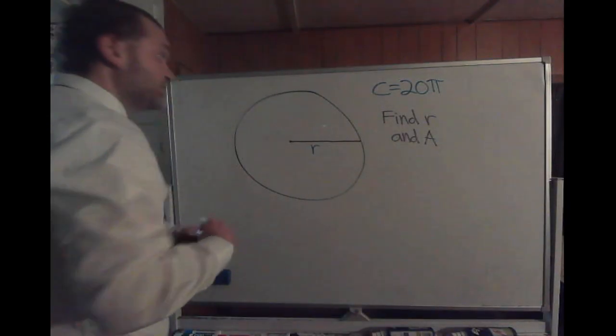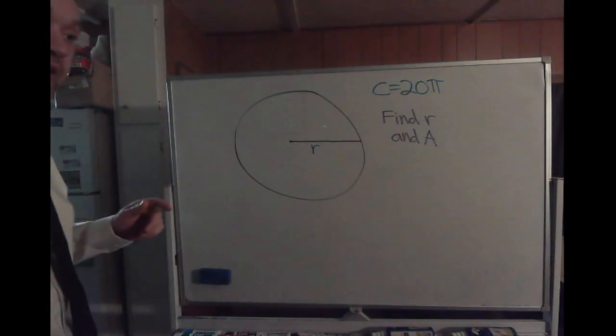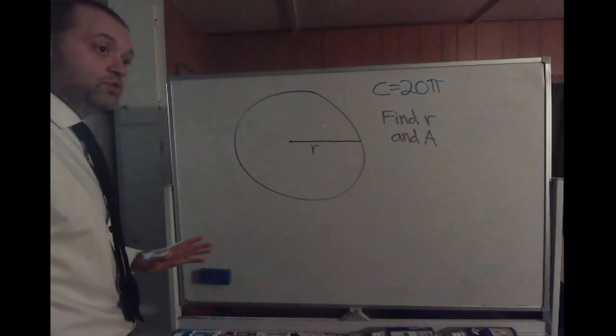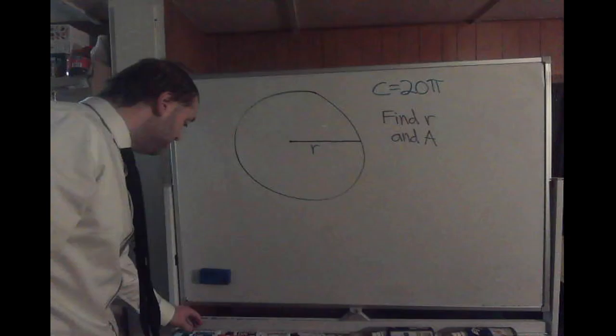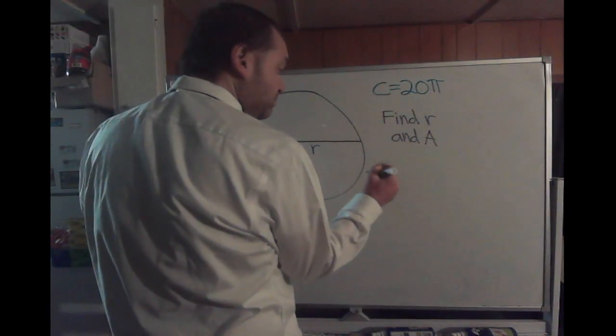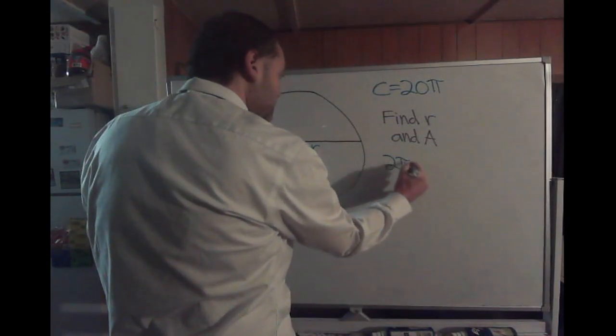So you were given your circumference of 20 pi, right? If you're trying to find your radius, leave the 20 pi alone. Don't convert it to a decimal. Just leave it alone. Because what you can do to find your radius is take the fact that the circumference of a circle is 2 pi r.